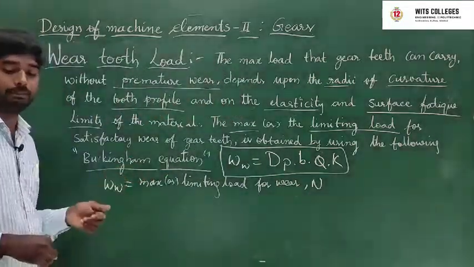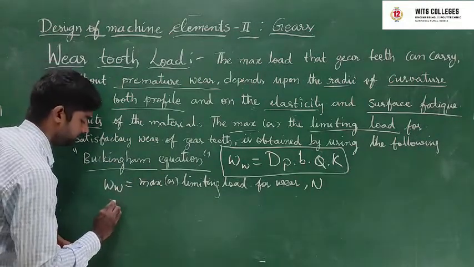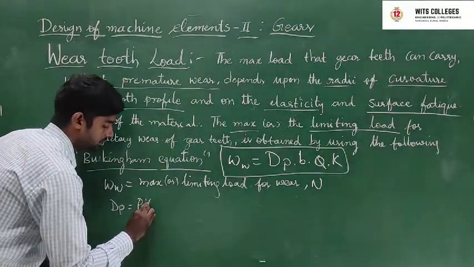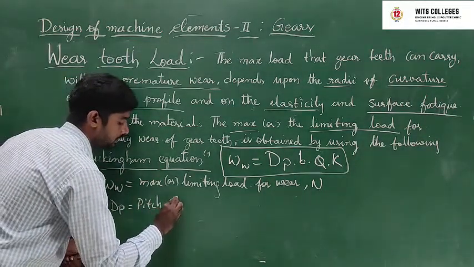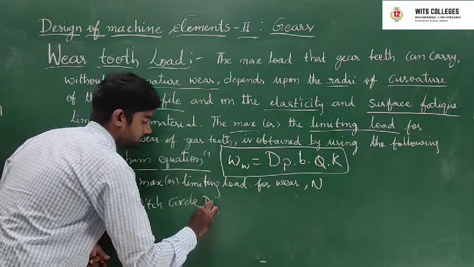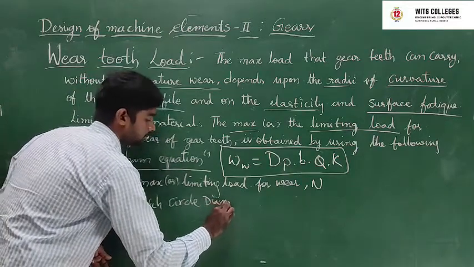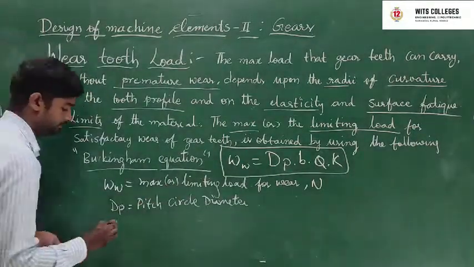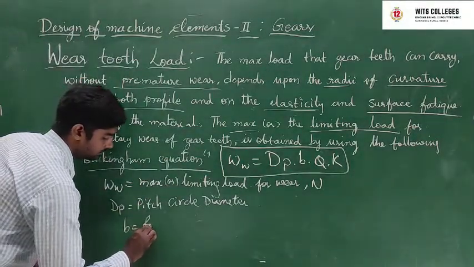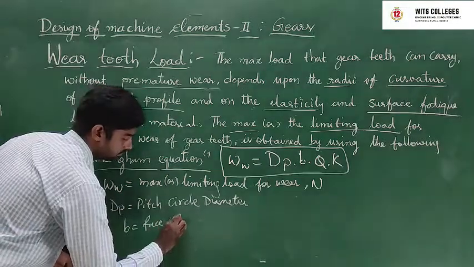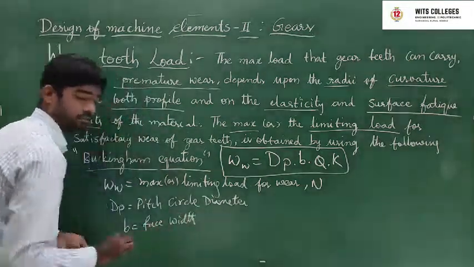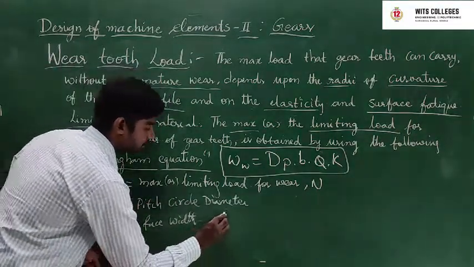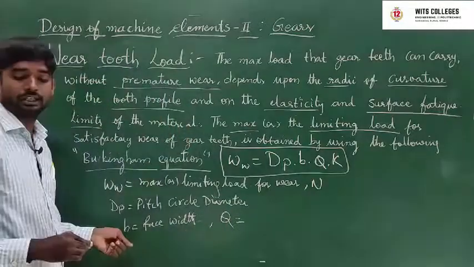Next, Dp means pitch circle diameter. Next, b is face width, already we know face width. Q is equal to ratio factor.